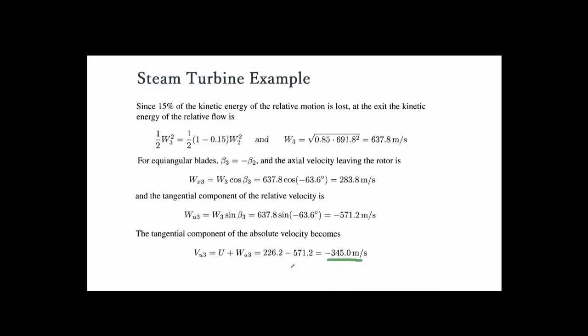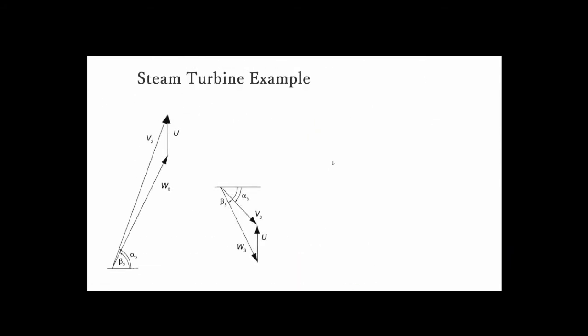If you don't put the correct negative and positive sign here, you will get a different value of Vu3. So be careful. So this is the velocity triangle at the inlet of the blade, and this is at the outlet of the blade.